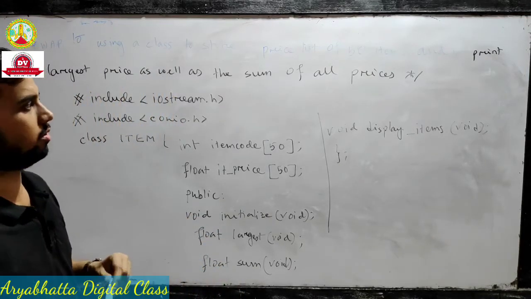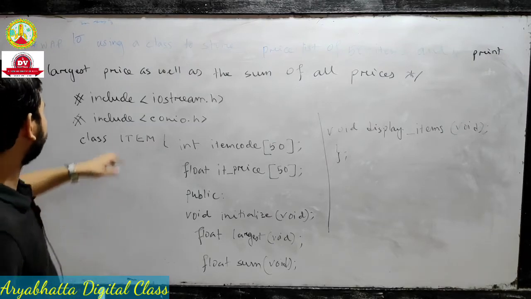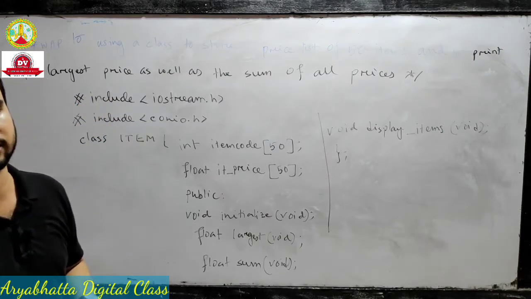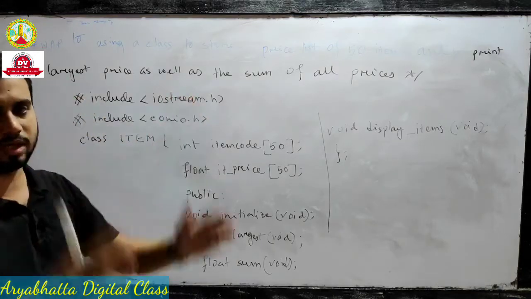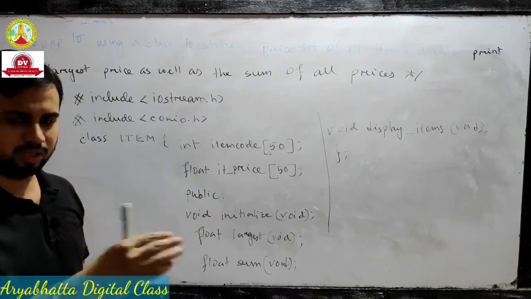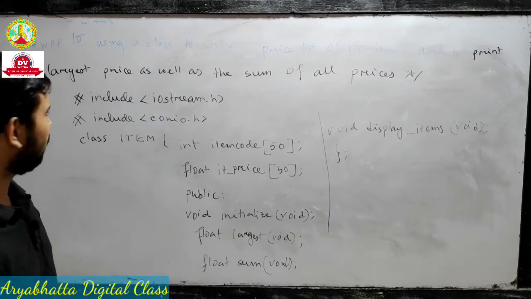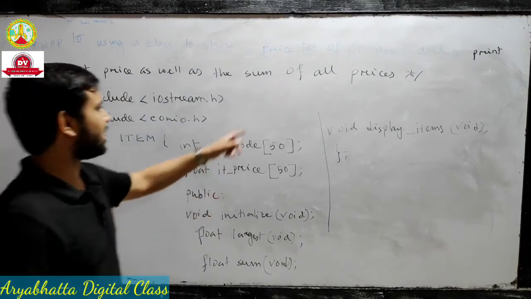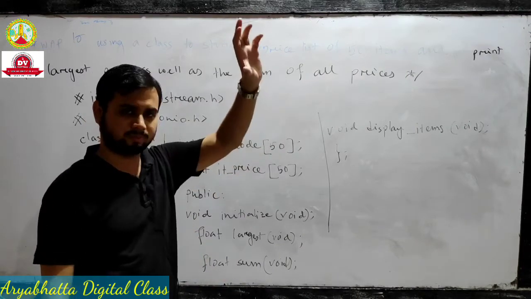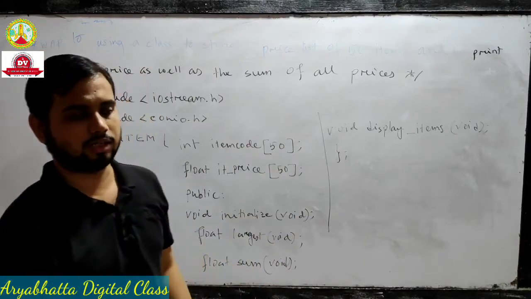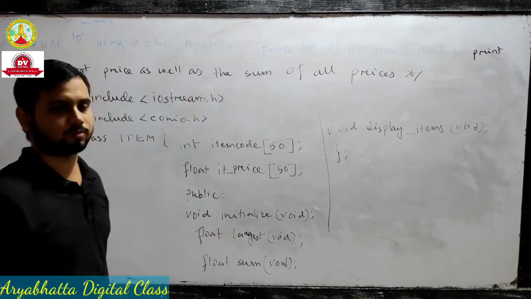Okay, and we have to find the largest price. Which is the largest price out of 50 prices? Okay, 50 items, 50 prices. Price list of 50 prices. We have to find the largest price among them, and the sum of all prices, means all 50 prices. We have to find the summation of all prices. Okay, that is the objective of this program.